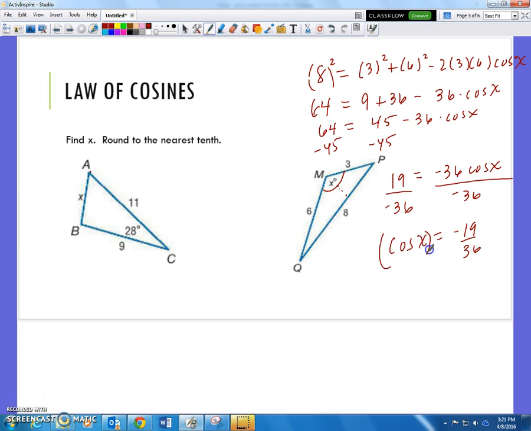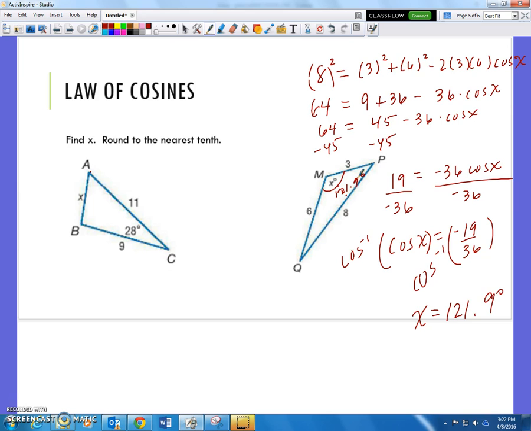We're going to take the inverse cosine of each side. And looks like I get x equals 121.9 degrees, which would make sense. It's a nice looking obtuse angle.